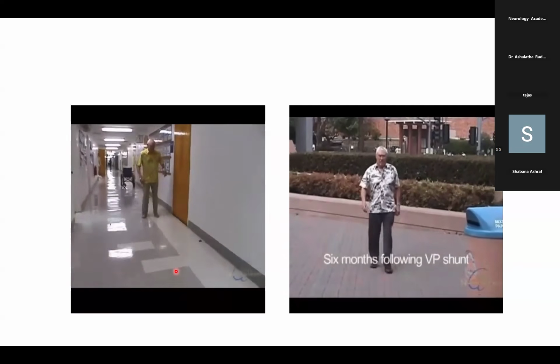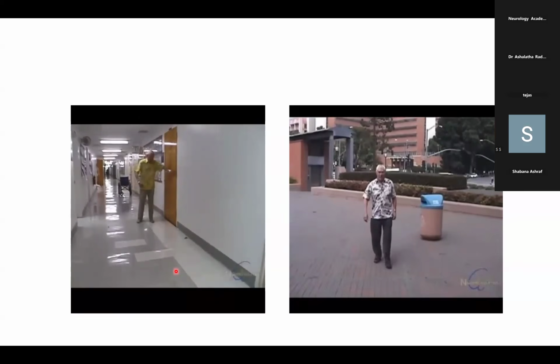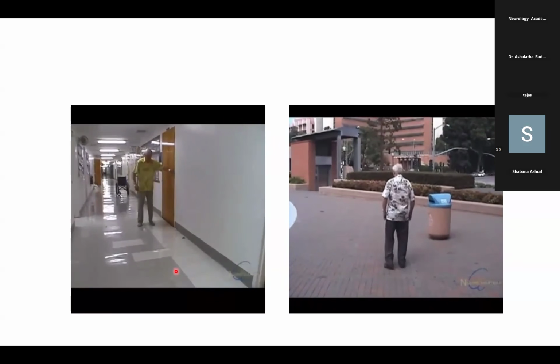On the right side, we can see this patient was placed a VP shunt. After 6 months of his VP shunt, which was programmable, he had a significant improvement. And turning also, we can see he can do better.